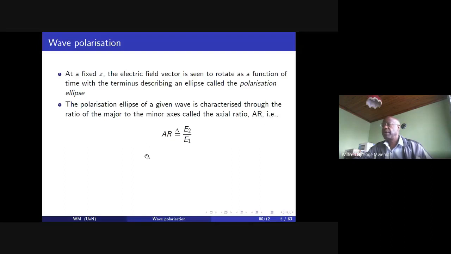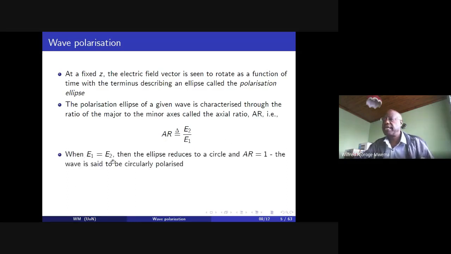In other words, AR is defined as E2 divided by E1, where E1 is of course the amplitude of the x component and E2 is the amplitude of the y component, and therefore for a y polarized wave, we shall see that AR is going to be infinite. And for an x polarized wave, we just get AR equal to 0.